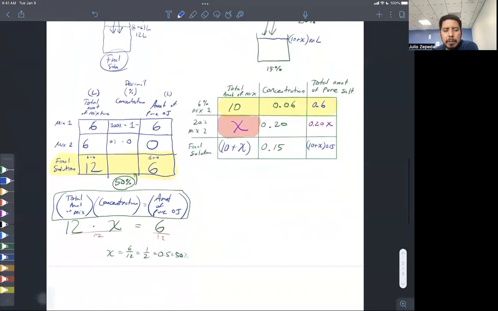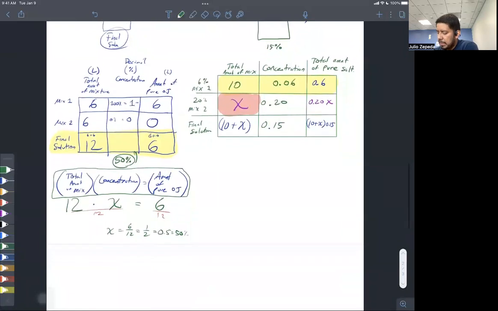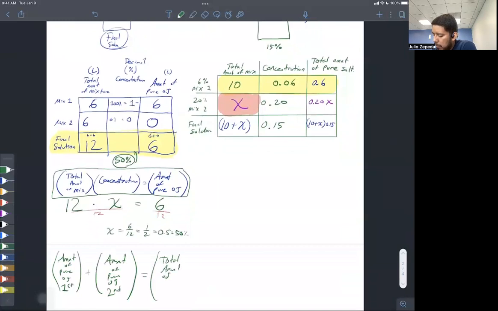And now one thing that I did not mention in the previous example, which we can mention right now, is very simple: the amount of pure orange juice in the first solution plus the amount of pure orange juice in the second solution is going to be equal to the total amount of pure orange juice in the final mix.